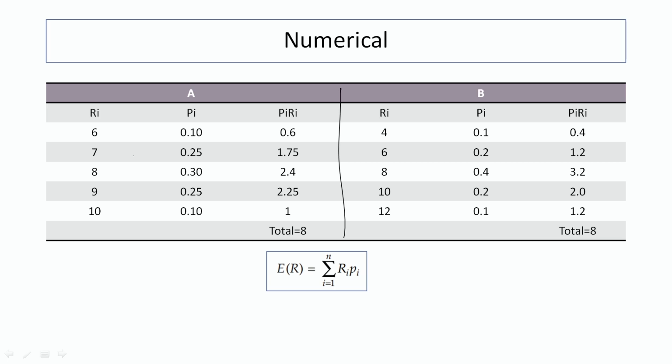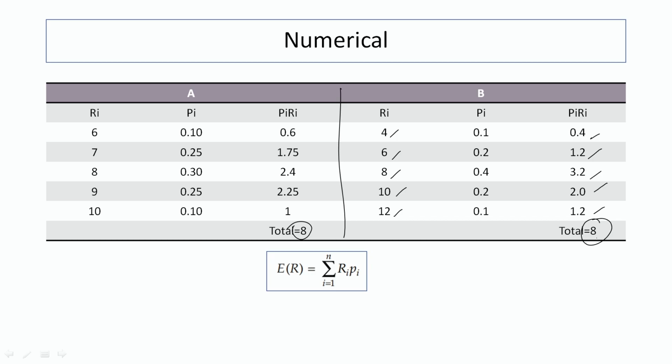So if we multiply the Ri with PI, we will get the total expected return of 8. In case of Company B, the return is 4, 6, 8, 10, 12. If we multiply it with the PI value, we will get 0.4, 1.2, 3.2, 2 and 1.2. The total expected return is again 8.